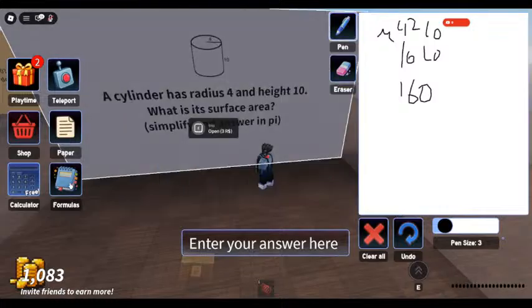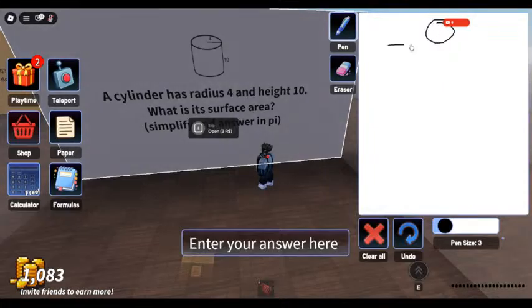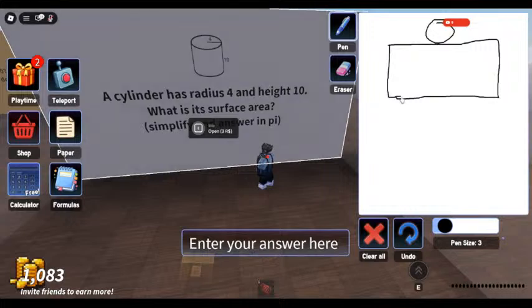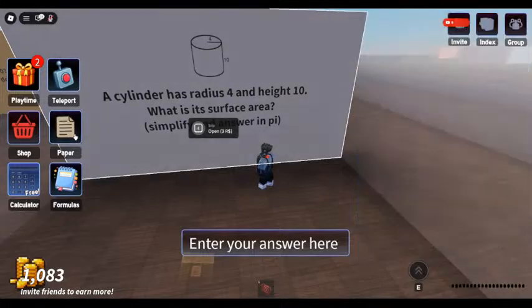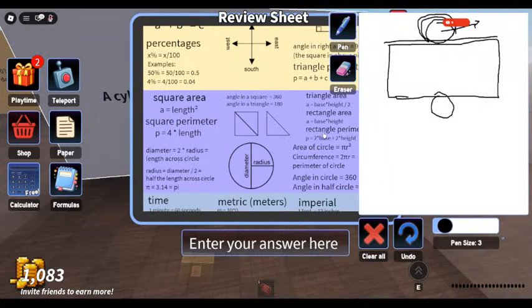So you need to understand that if we expand the cylinder, it would look like this. So this is equal to this. So then we need to get the perimeter of this. So then the area of this times 2, by the way. Area of circle is pi r squared.